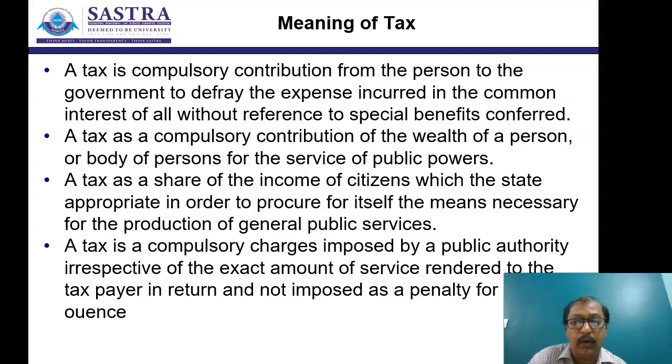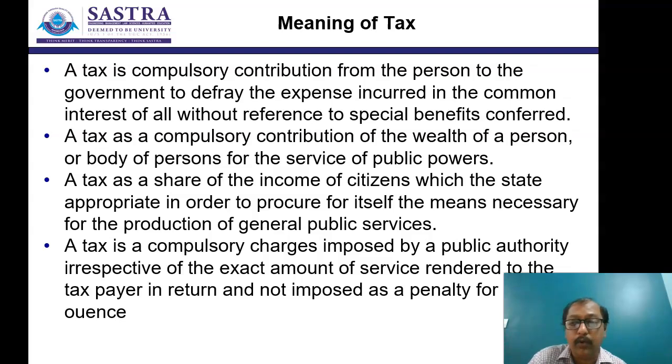So for meeting various expenses of the government, the major source of income is going to be the tax. And tax is a compulsory contribution from the wealth of the person or a body of persons for the services of public power.